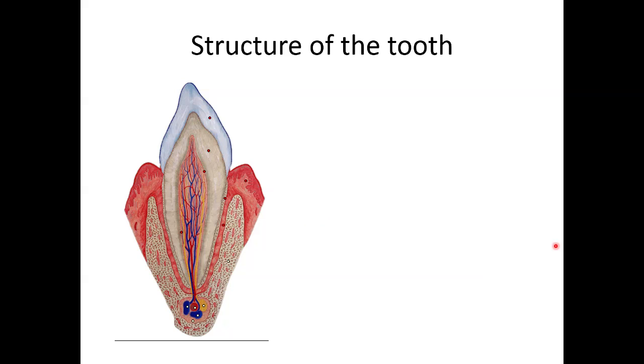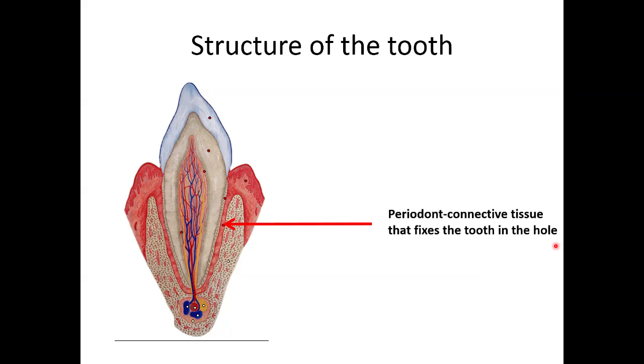And again, the connective tissue which is located between the root of the tooth and the bone alveolus is periodont. Periodont, connective tissue that fixes the tooth in the alveolus, in the hole.